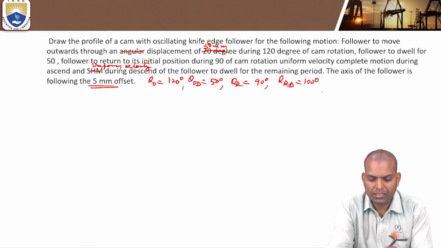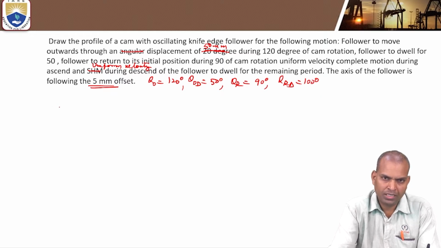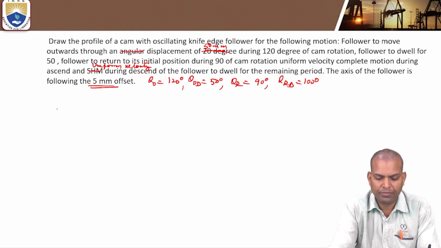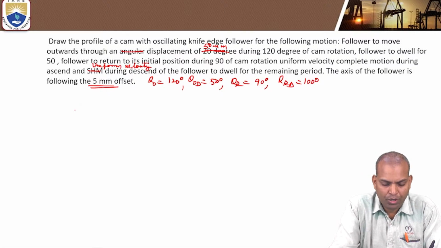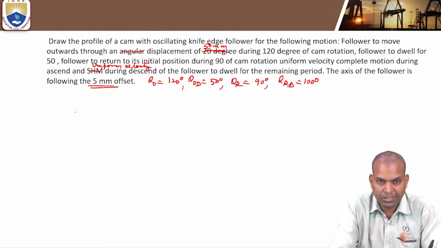That is 100 degrees, because 360 minus 120 minus 50 minus 90 gives theta RD, 100 degrees.